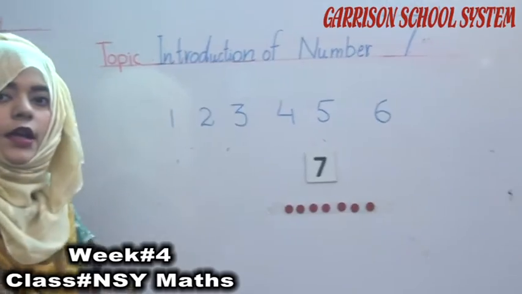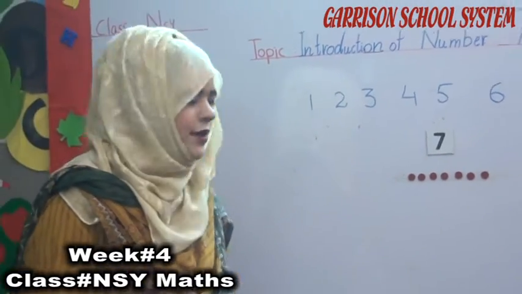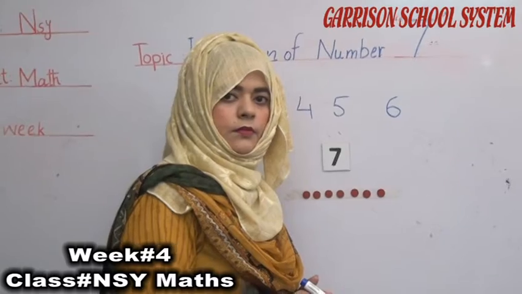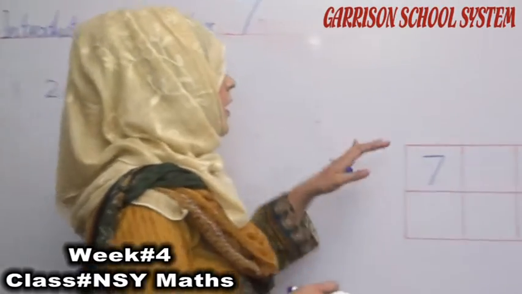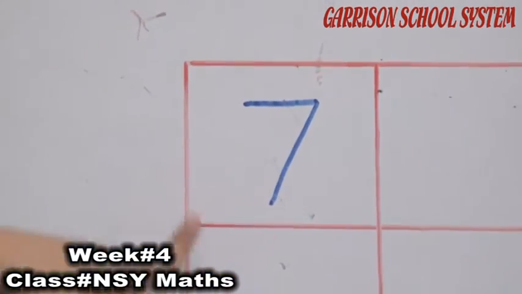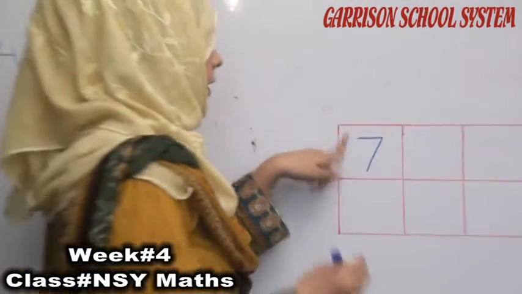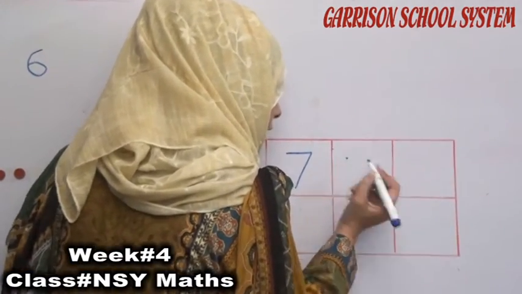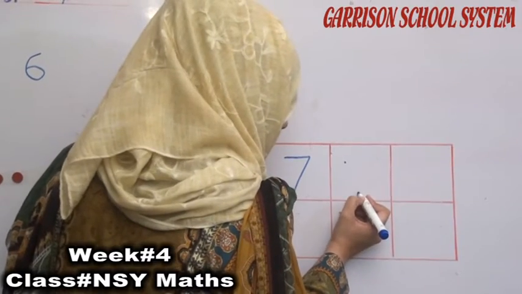So my dear students, my dear little angels, it's number 7. We have learned how to write it. We are going to put a dot over here and over here.